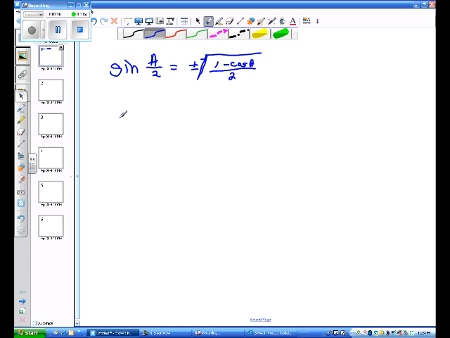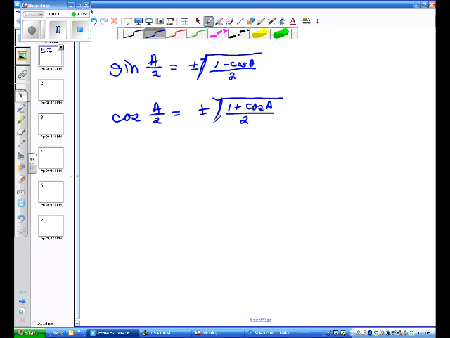The cosine of half of an angle is equal to plus or minus the square root of 1 plus the cosine of the angle over 2.